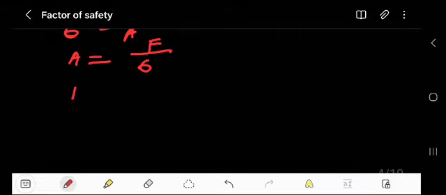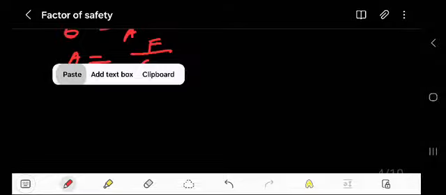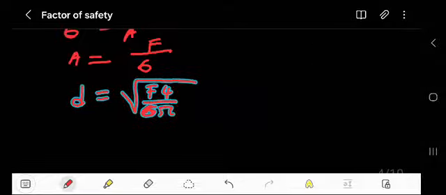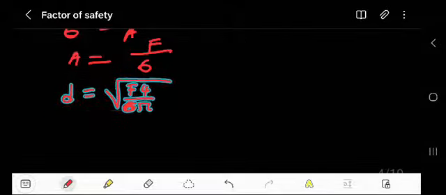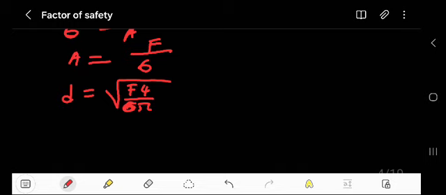Therefore area will be equal to this, and diameter will be equal to this.